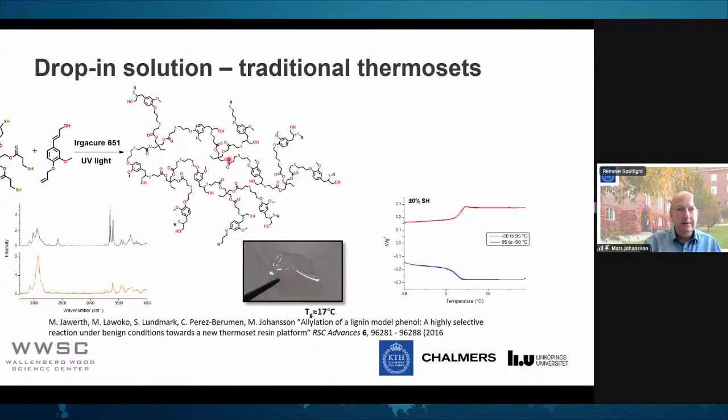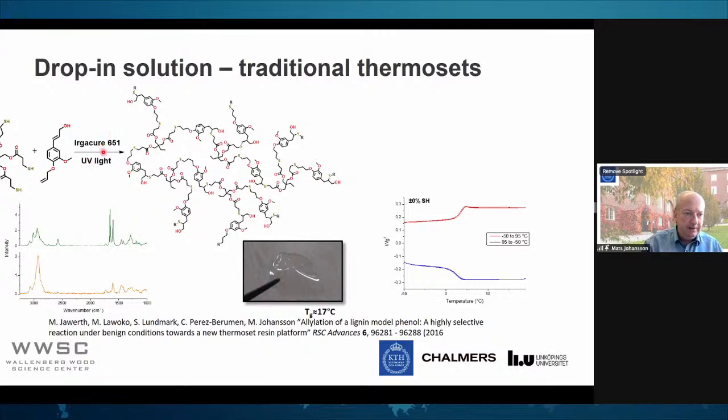So we have then sort of what I call the drop-in solution. We create a difunctional monomer that we can use to make thermoset structures. If we then combine this with a thiol monomer, which is this trifunctional mercapto structure, we can do the so-called thiol-ene reaction, where you have a free radical reaction where the thiol adds to double bonds.